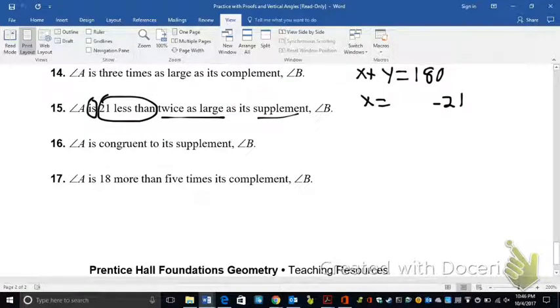Now, a lot of people will end up putting 21 minus 2y, but it's really 2y minus 21. And the reason is, if I said, what's 6 less than 10? You guys would say 4. But if I said, what number is 6 less than 10? A lot of you guys would put n is 6 minus 10.